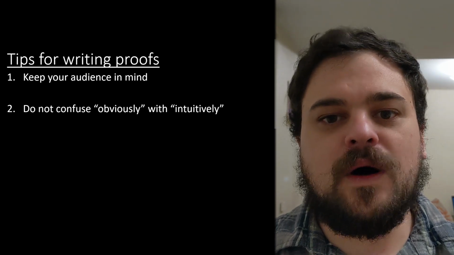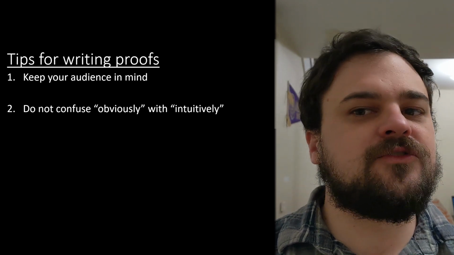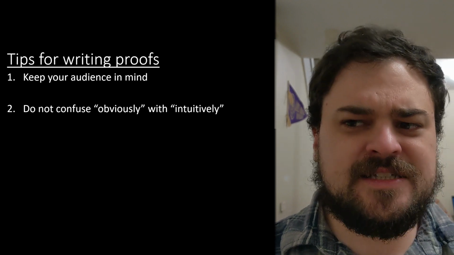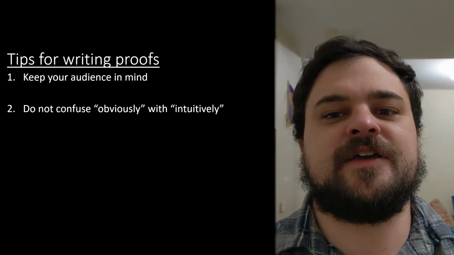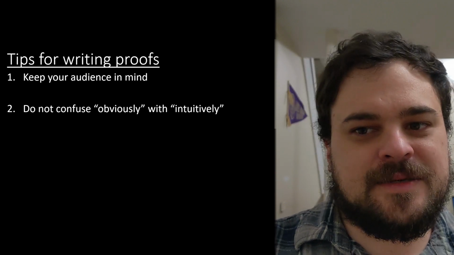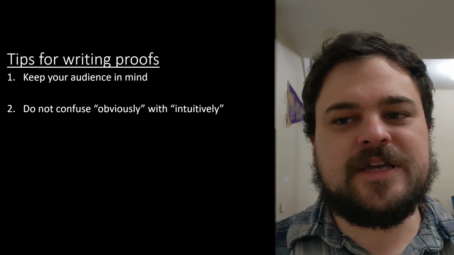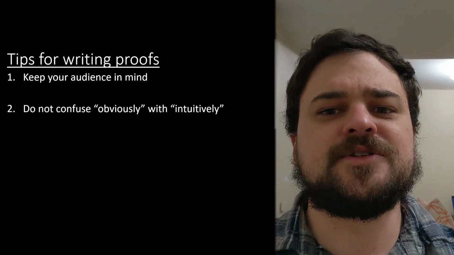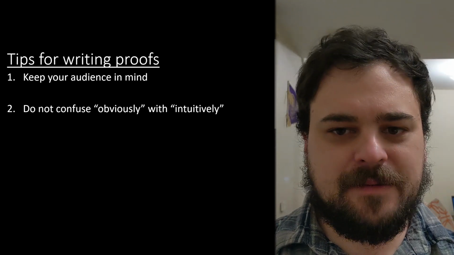Now, I caution you while you're building these steps not to confuse obvious and intuitive. To say something is obvious means the justification is going to immediately come to mind for somebody. To say that something is intuitive, though, typically comes as a substitution for justification, and oftentimes your intuition is going to lead you astray.